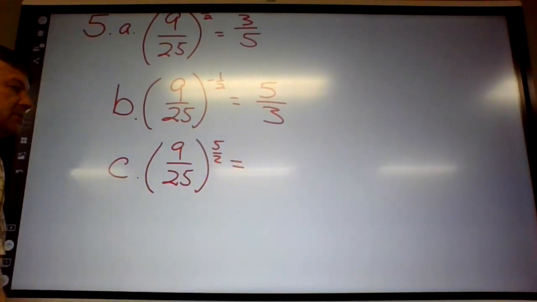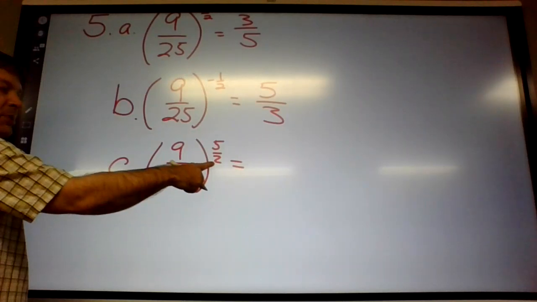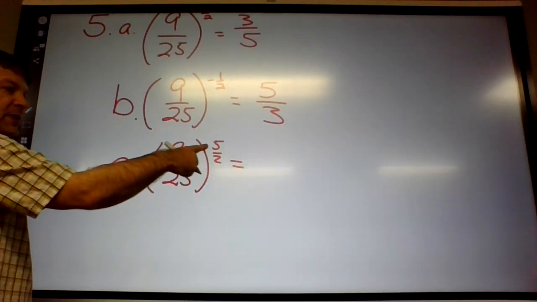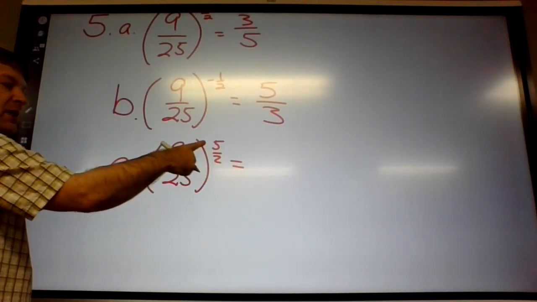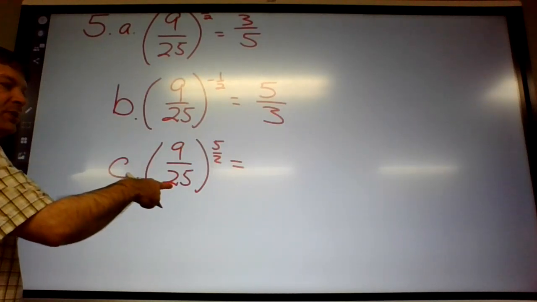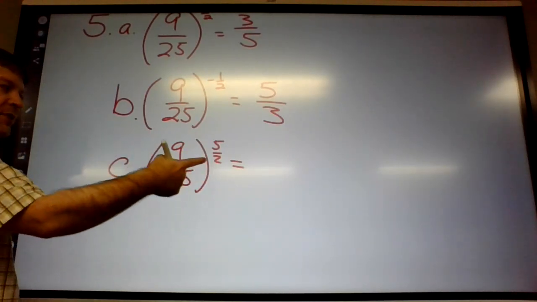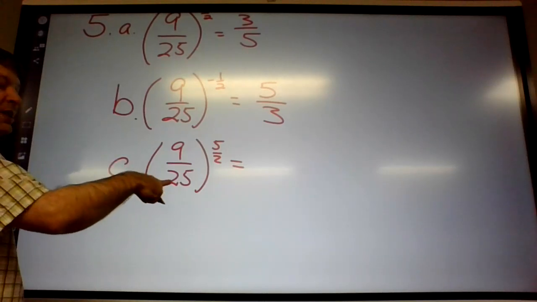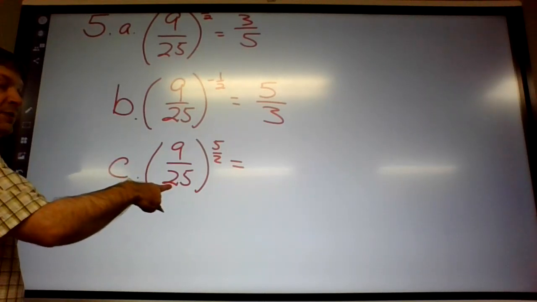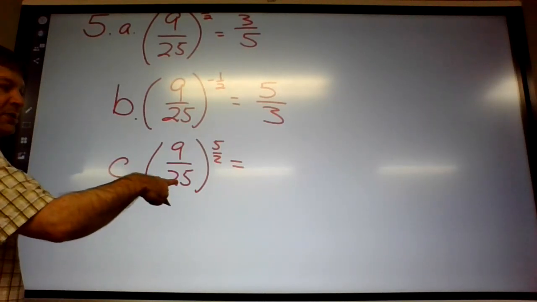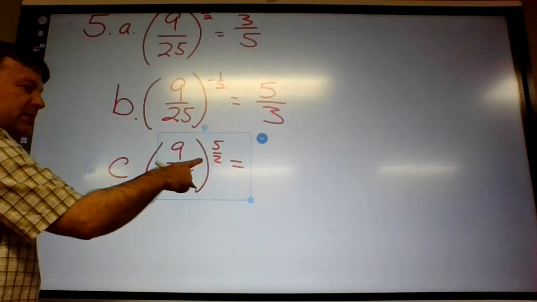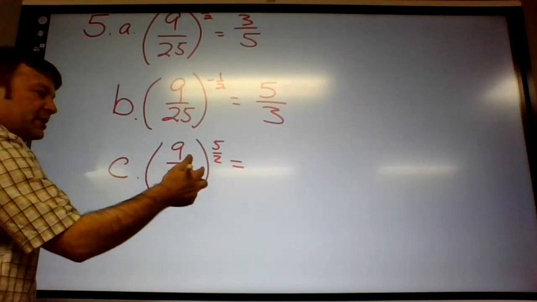Okay, so on this one, what's the little 2 mean? Square root. And the 5 means fifth power. It actually doesn't matter which one you do first. You could do the square root first and then take it to the fifth, or you could do the fifth power, which would be gigantic, by the way. 25 to the fifth power is humongous. And then take the square root of that. It's easier if you take the square root first.